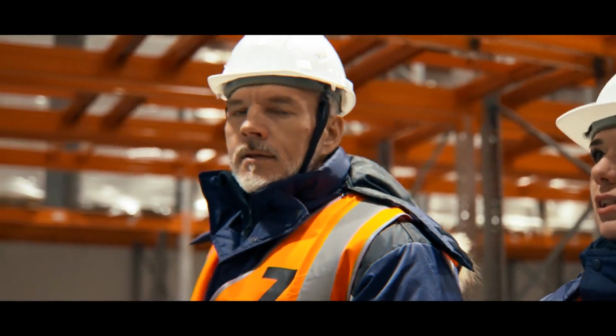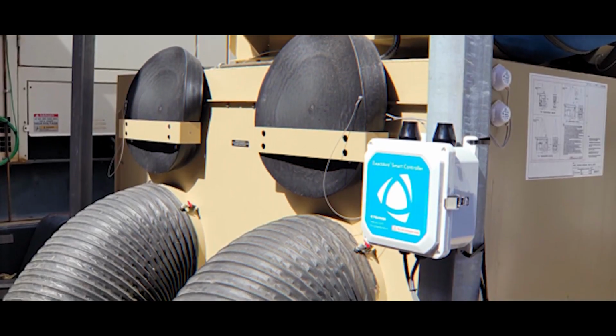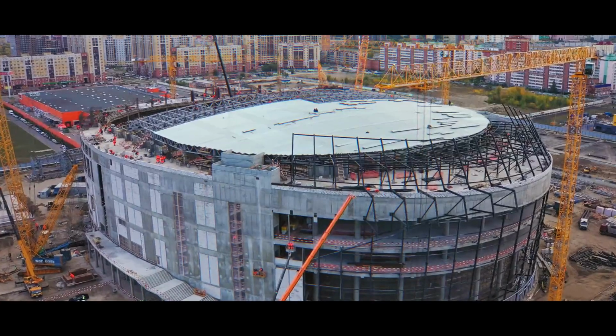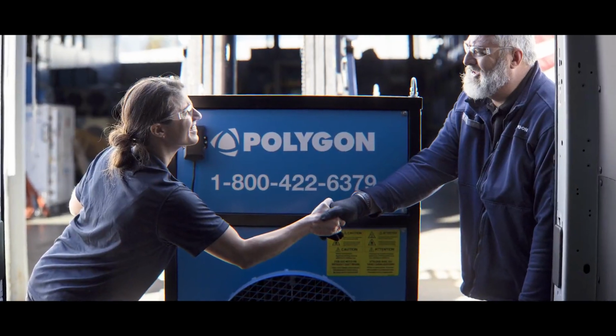Having the ability to also manage equipment runtimes by utilizing the Polygon Smart Controller not only provides the client the ability to address equipment that shuts down inadvertently, they have the ability to scale back the equipment runtime, which is a sustainable solution that supports the efforts to reduce carbon emissions on the site.